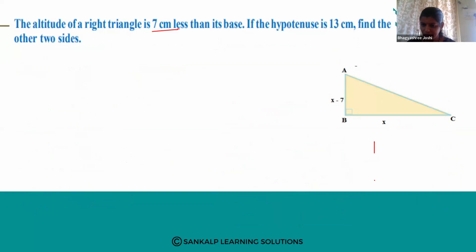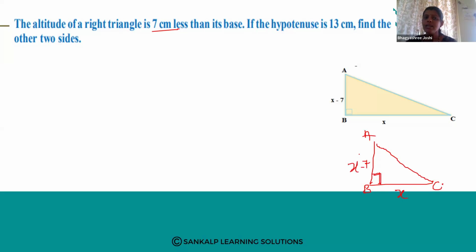If you consider one right angle triangle, so this is a right angle triangle. When you consider right angle, then it should be 90 degree. A, B, C. So altitude is 7 centimeter less than its base. Say BC is the base. So if you consider base BC is equal to x, then altitude or height of this triangle is x minus 7.